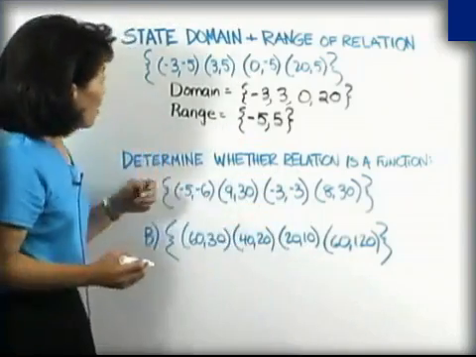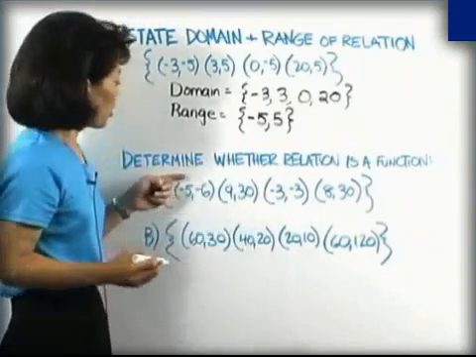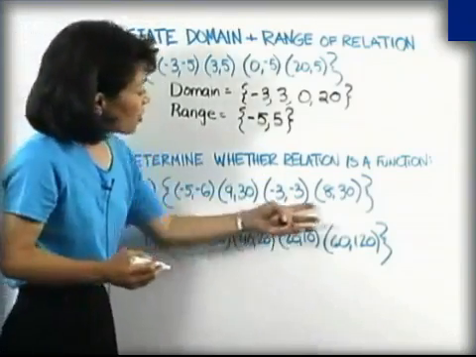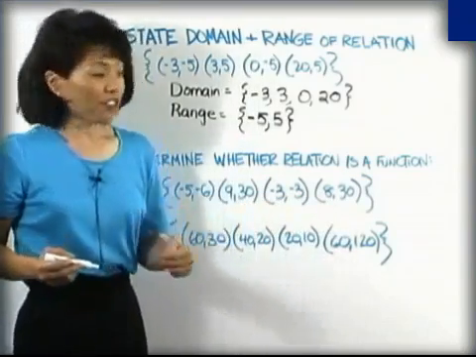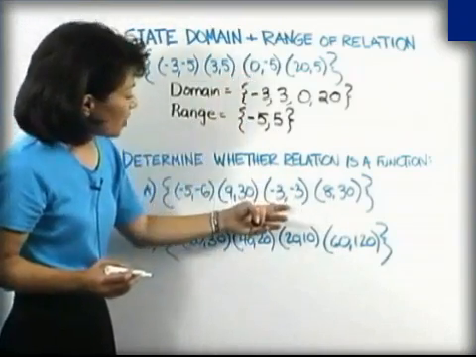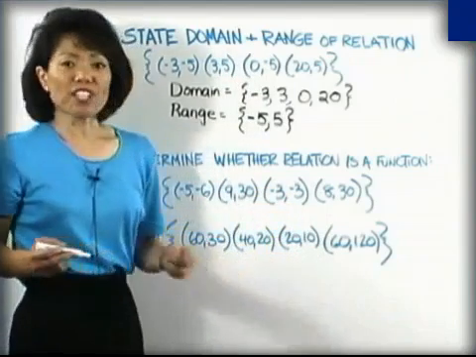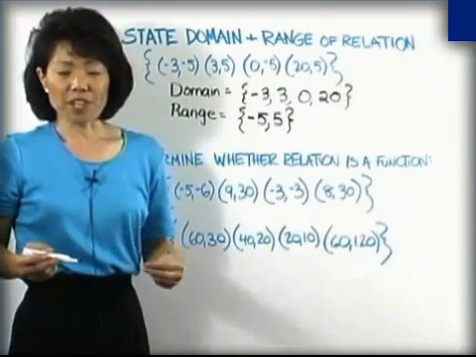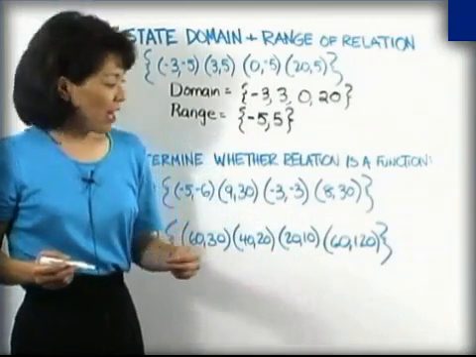Now that we have a relation, let's see what is the difference between a relation and a function. In our second example here, we're going to determine whether the relation is a function. Well, at first glance, you may not see any difference between this here and what we have up here. You're right, each of these two are relations. But what makes a relation a function? Well, the following rule will do that.